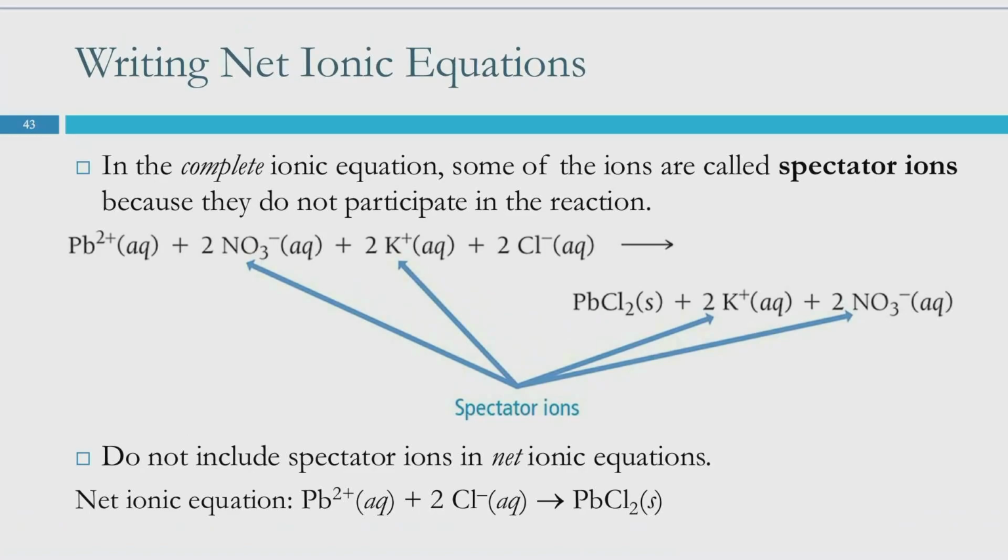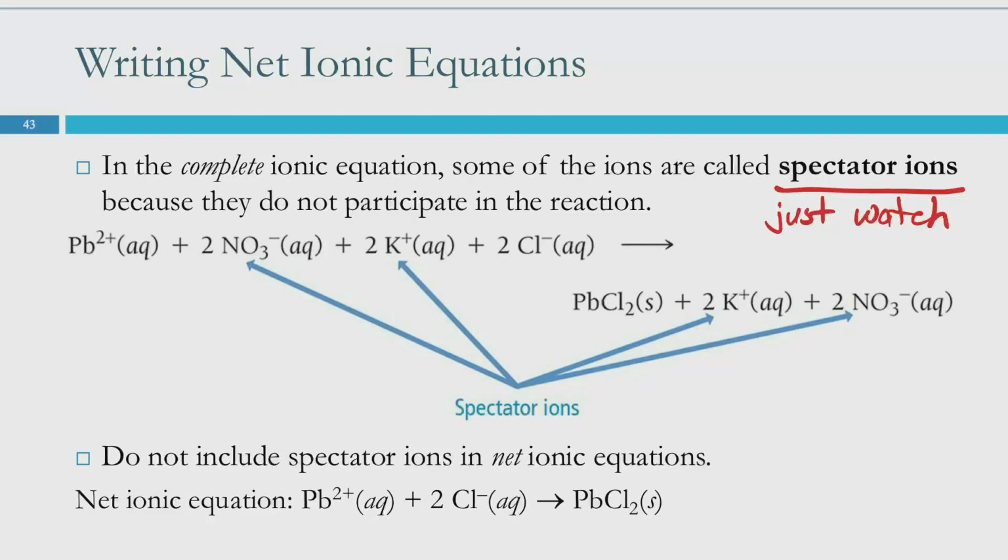Okay, so to get to our net ionic equation, we need to remove some stuff. Our complete ionic equation includes some ions that we would call spectator ions. Spectator ions, just watch.